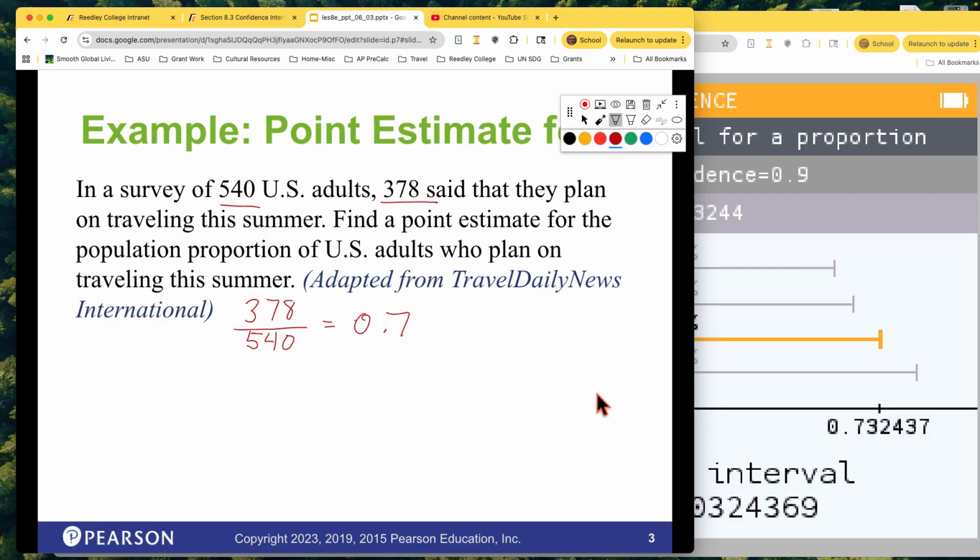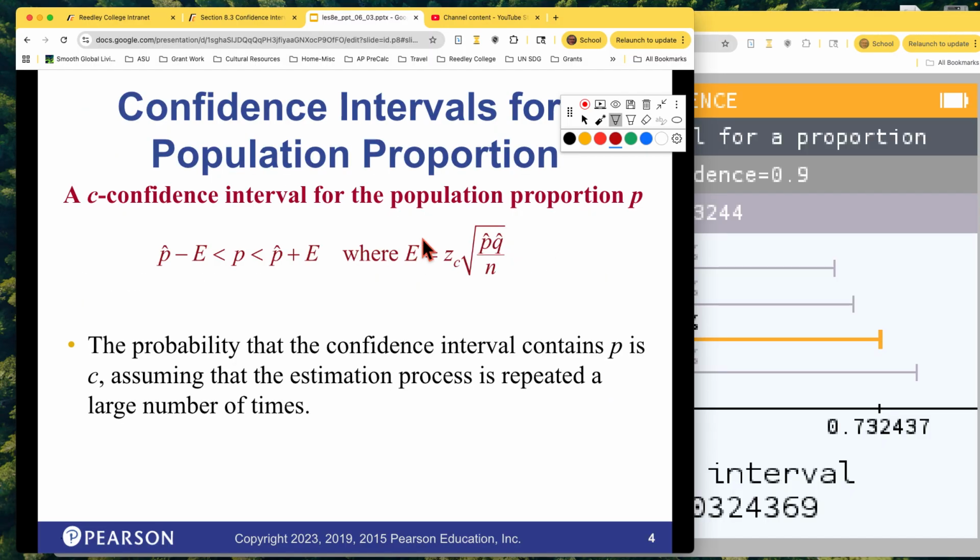I might be 15. Okay, so this is the formula for calculating the margin of error. You can see it's the square root of p hat times q hat over n. Remember the standard deviation was the square root of npq.